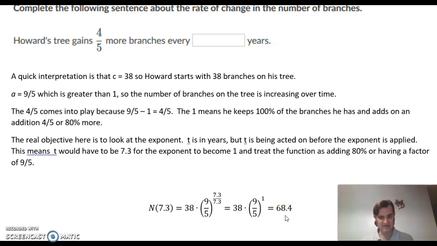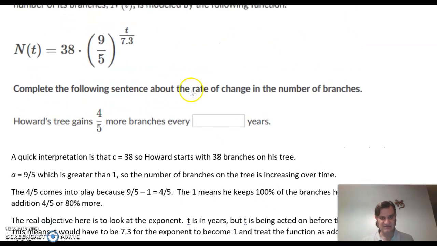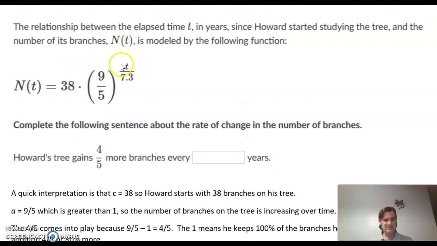Everything works out very clearly there. So if you've got some type of division or multiplication up here, that's adjusting how the time is being handled. T is still the number of years, but it's going to take more years with this divisor to have this multiplying factor fully applied.